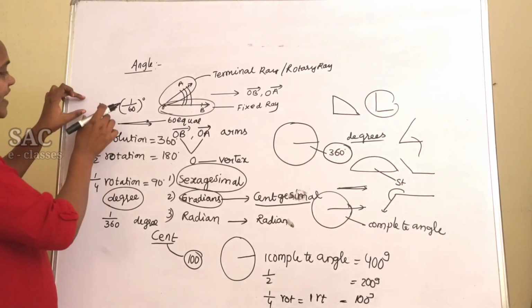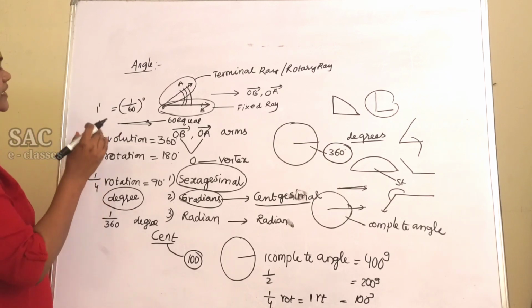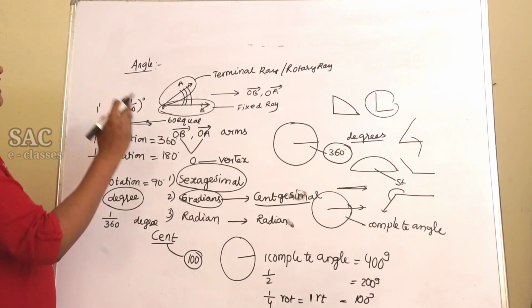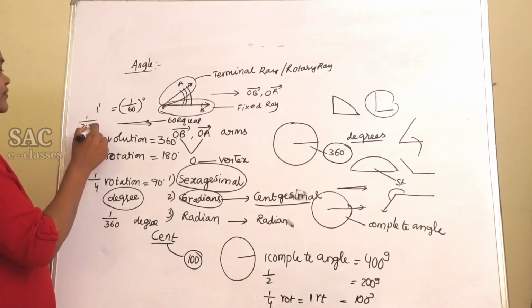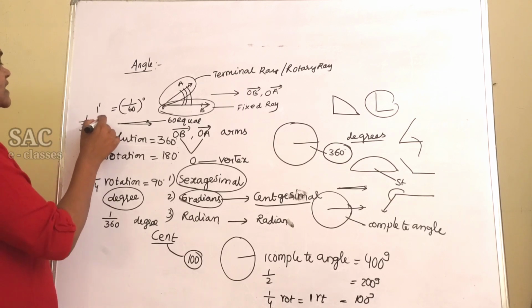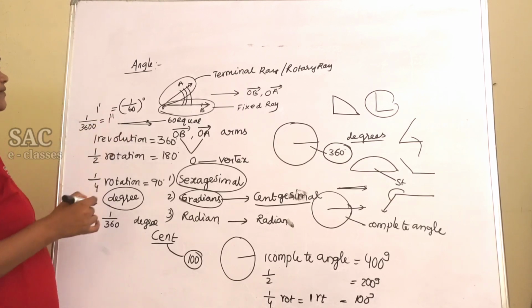Take such one fine minute and make it into 60 further equal parts, that means 1/3600th part of a degree is called 1 second.